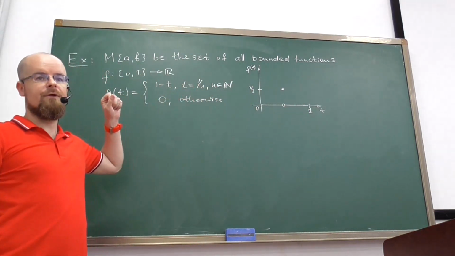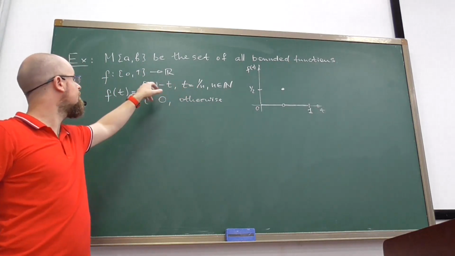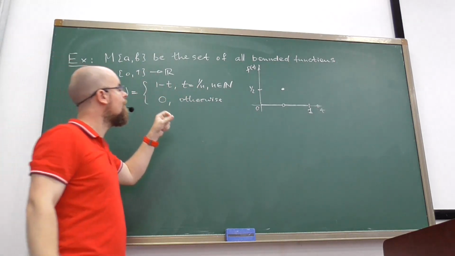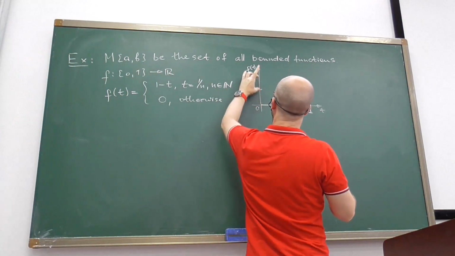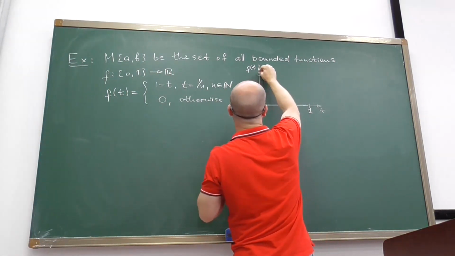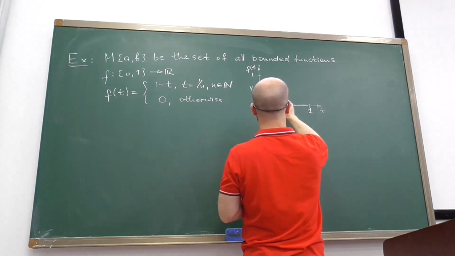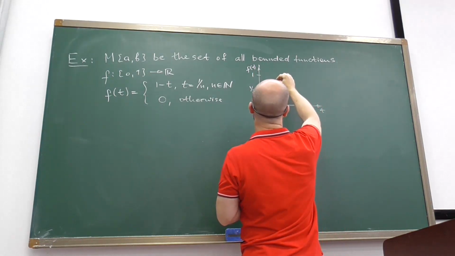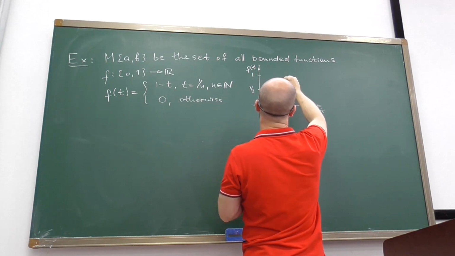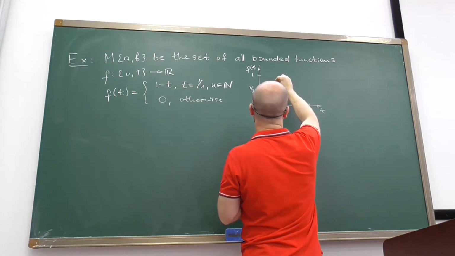When n is 3, then t is 1/3 and the value of the function is 2/3, so 1/3 is pretty much over here, and the value 2/3 somewhere over here.